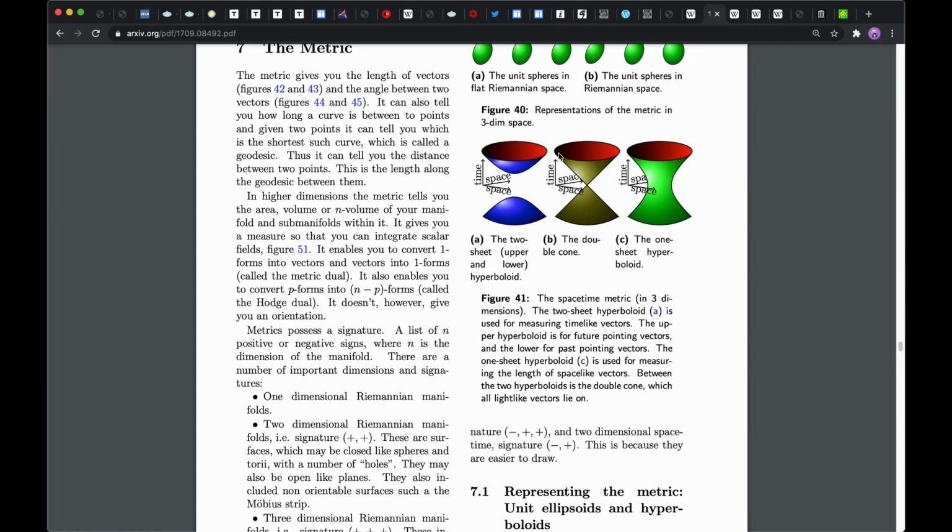And at the limit where you have the speed of light, or photons flying, you will have the familiar cone shapes. And for space-like vectors, we will have the one-sheet hyperboloid, or if you use two dimensions, you'll have just a hyperbola, but a vertical one.